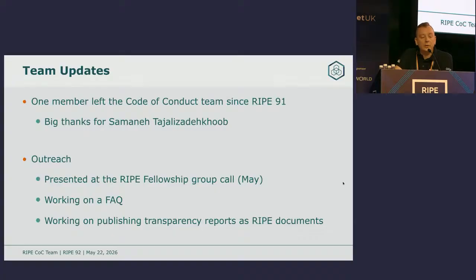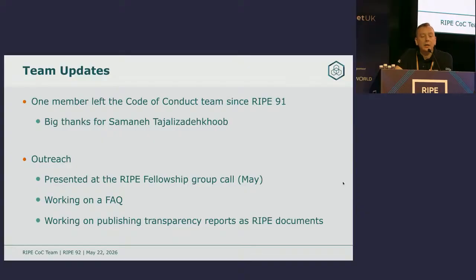We're also working on publishing a transparency report as RIPE documents. So right now, the only real artifact we create that's public is these presentations. So we need to get better about recording and archiving the kind of information that we're producing about how many incidents we receive at each RIPE meeting, that kind of stuff.